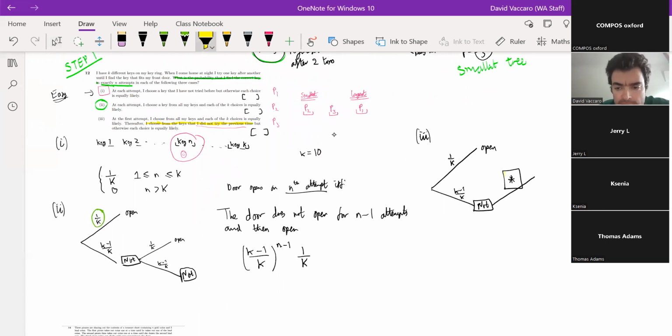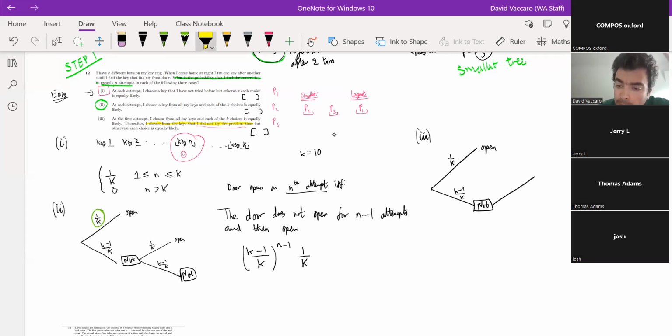So at this stage, the person doesn't use the first key, and the first key was wrong. So he's choosing now only from k minus 1 keys on his key ring. But one of those k minus 1 keys will be the right key.